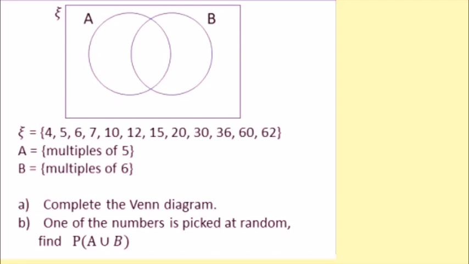Okay, fantastic. So that was level 2 complete. Now this is a level 3 type question. So again, just to remind you that all that symbol means is everything. Using the numbers in that set, 4, 5, 6, 7, 10, 12, 15, 20, 30, 36, 60 and 62, those numbers that are multiples of 5 need to go into circle A. Those numbers that are multiples of 6 into circle B. So complete the Venn diagram, and one of the numbers is picked at random.